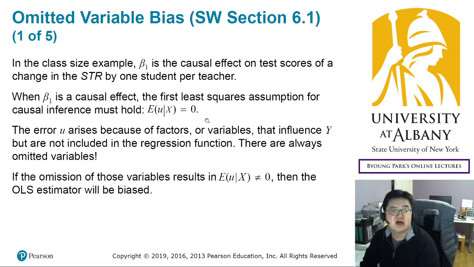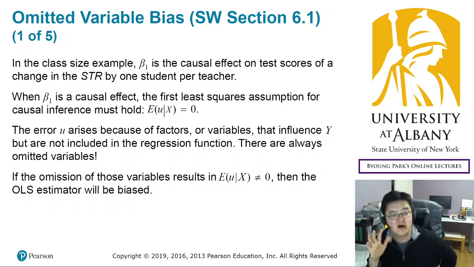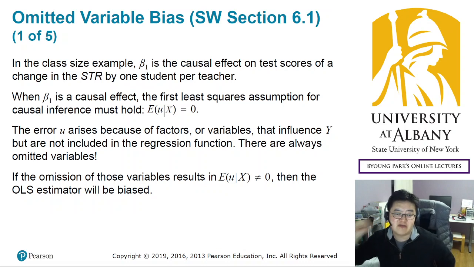The error term is the unobserved factors that you could not include in your regression model, but they have an effect on the outcome. So they influence y, but are not included in the regression. Simply, the error term includes all the omitted variables.